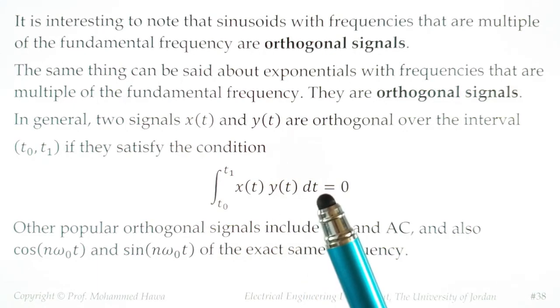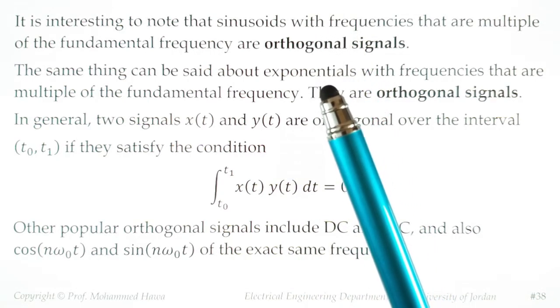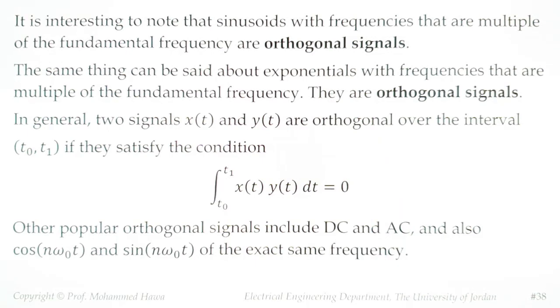And we know that this condition is satisfied for the cosines in my Fourier series, and for the exponentials in my Fourier series. If you're dealing with orthogonal signals, you get certain advantages. I hope you remember I told you earlier, you cannot use superposition for power unless the signals are orthogonal. So if you know your signals are orthogonal, you can do certain tricks and save yourself some time in calculations.